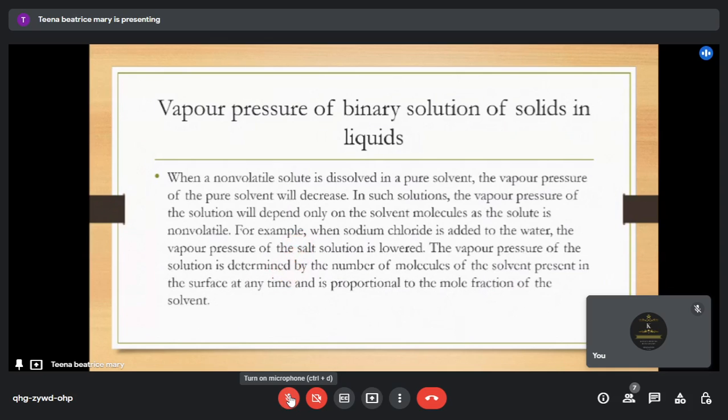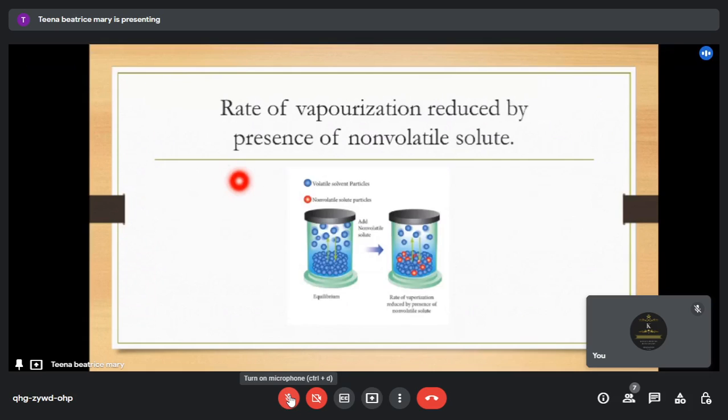So the vapor pressure of the solution is determined by the number of molecules of solvent present in the surface at any time and is proportional to the mole fraction of the solvent. So this is for solid in liquid. So if you see the diagram, rate of vaporization, how it is getting, so it is getting reduced by the presence of non-volatile solute.